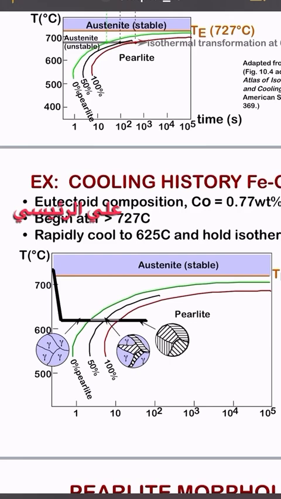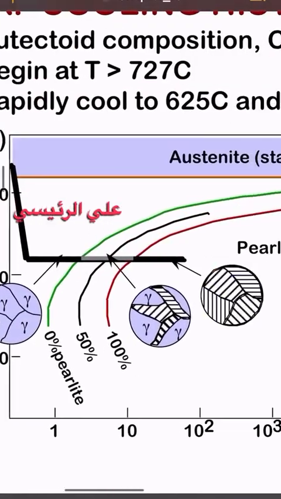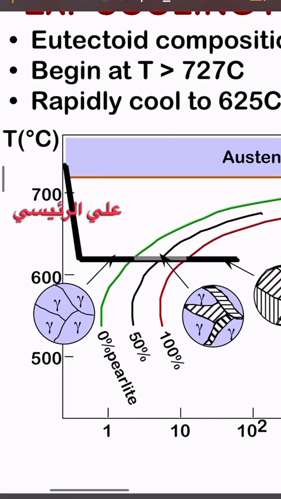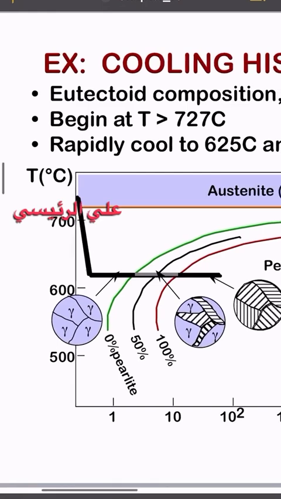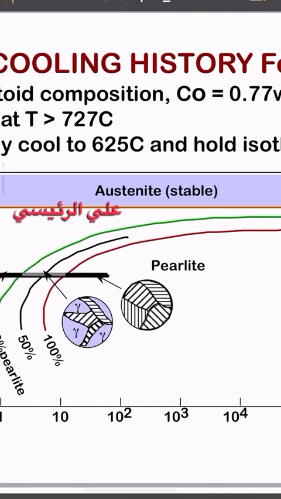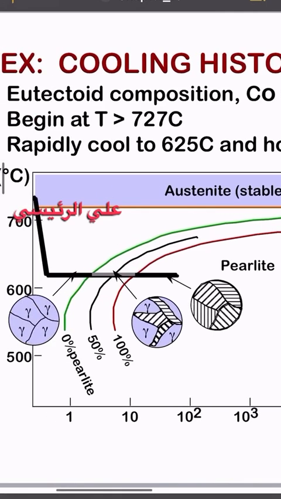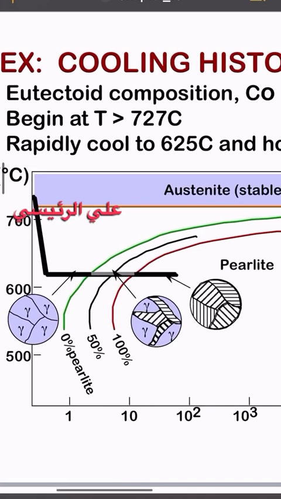This was austenite, and it changed to perlite. How did it change? By changing the temperature. First it's austenite, then 50% austenite and perlite, then it's fully perlite. The transformation begins at 3 seconds, goes to 7 seconds and then 10 seconds.